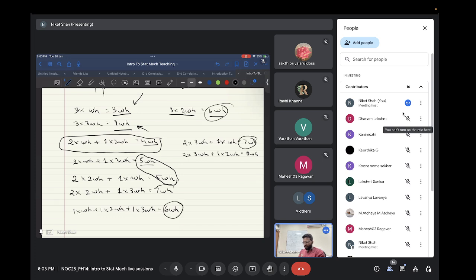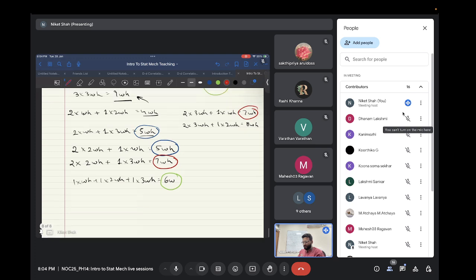I should write in different colors so that it's clearer. 3WH is just one, 4WH is also one, 5WH is here and here, 6WH is here and here, 7WH is here and here. Two possibilities each. 8WH is one possibility, 9WH is one possibility.